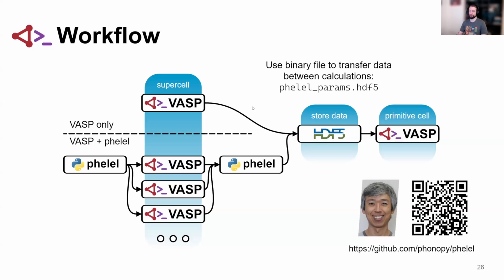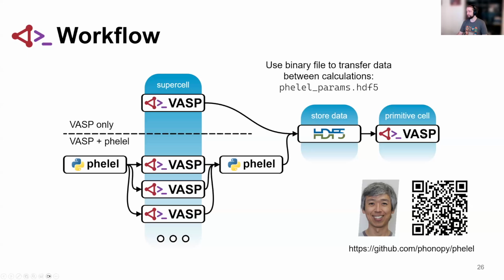And the first workflow is one that is completely implemented inside of VASP. So this, what I call here VASP only workflow, where you start in a supercell and you run your finite difference calculation to get the electron-phonon potential. And that information is then written to a binary HDF5 file that can then be used in a subsequent unit cell calculation to do your electron-phonon physics.